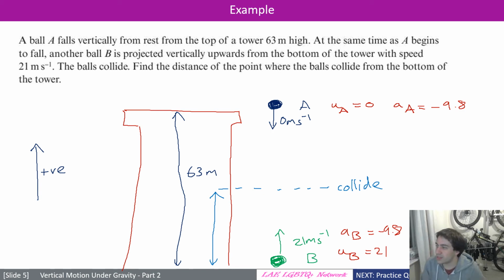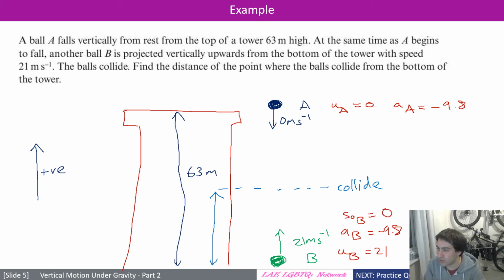What about the initial displacement, right? So again, I couldn't talk about this unless I'd briefly introduce it, so I'm hoping you understood that. The initial displacement of B, s0, we're going to have to do multiple subscripts here, s0 of B is 0, because I'm choosing to take the ground as the 0 point.